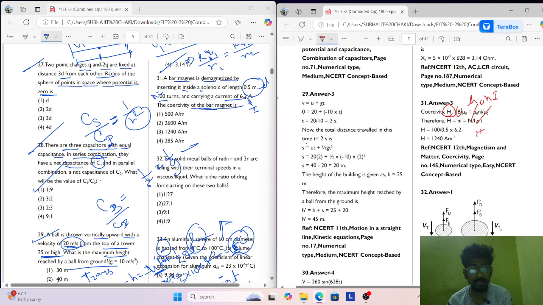First of all, H equals nI. N equals 100, I equals 6.2, so 620. Here n is N by L, turns per unit length, divided by 0.5. Dividing a certain thing by 0.5 means multiplying it with 2, so 1240.